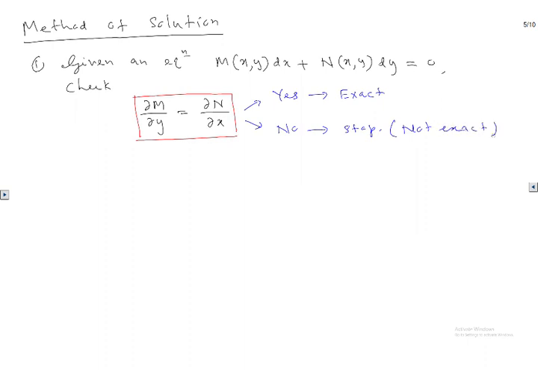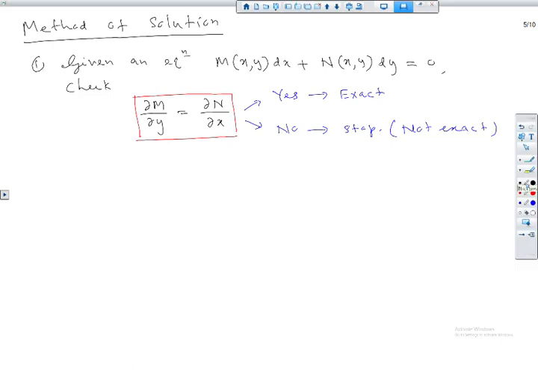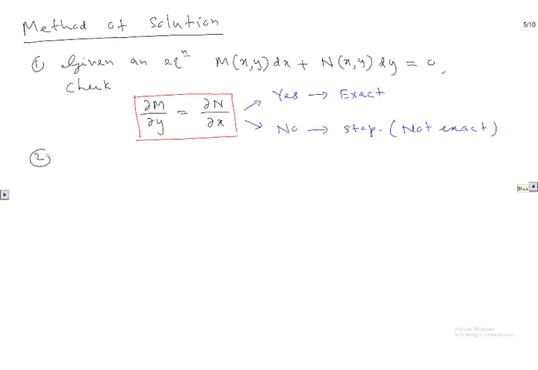Good. So the second step: if it is exact, then according to theory, we know that there is a function f(x,y) which is equal to c.